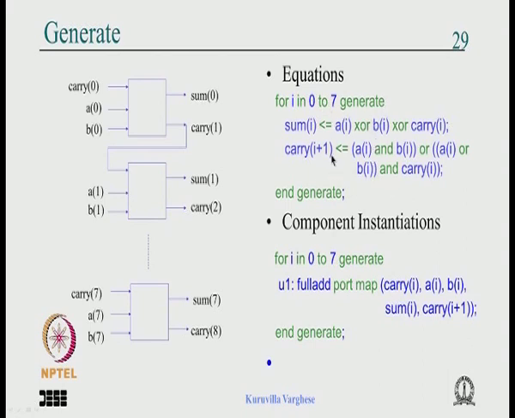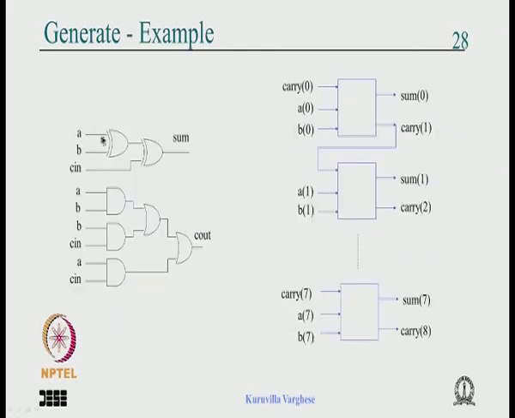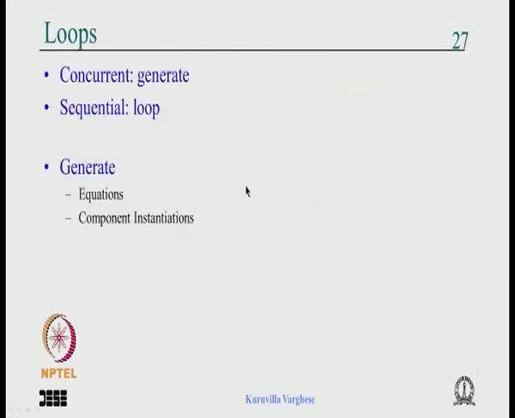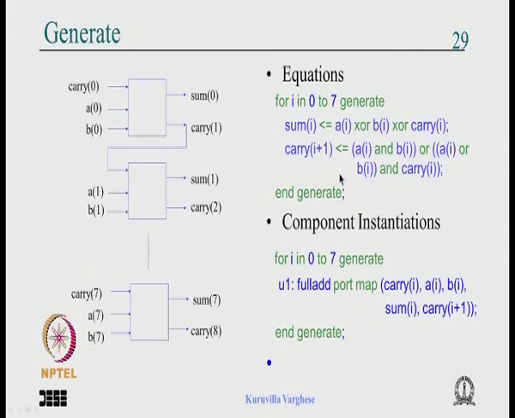Now you could do this by writing a component also. That means you write a full adder component with the library, entity and architecture. In the architecture you just write one full adder, not 8 of them, which says sum is nothing but A XOR B XOR C in, and C out is nothing but AB, BC, AC.